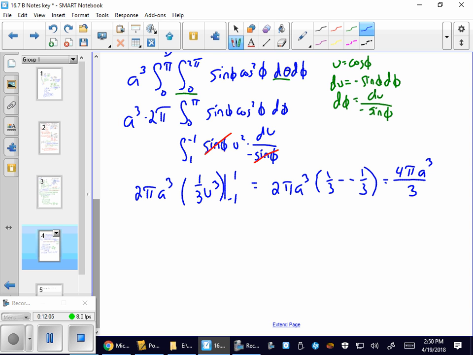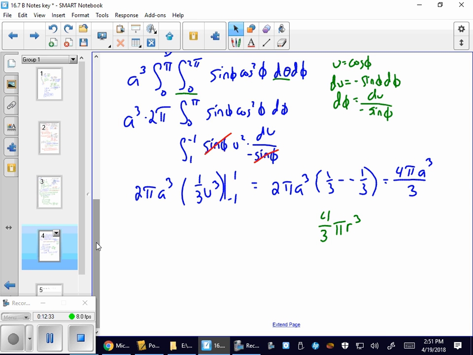What you get, if A is the radius, so if you wrote it in terms of r, what you really get is 4/3 pi r cubed, which is the volume of a sphere. So the whole volume of the inside of the sphere is pushing outwards. I guess that kind of makes sense. Never thought about it before. All right, so there you go.